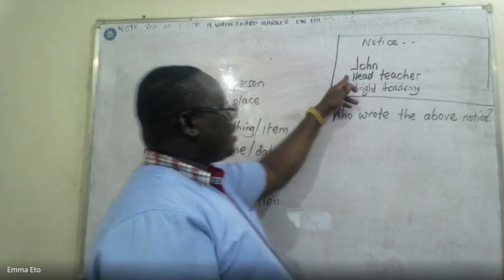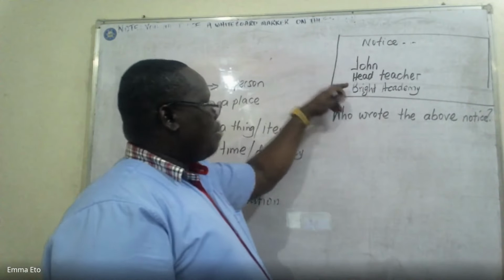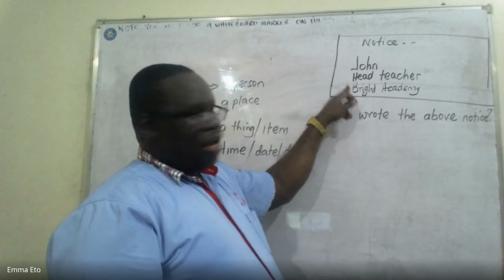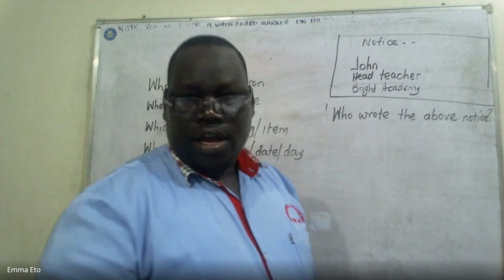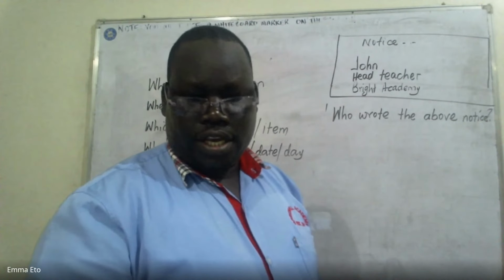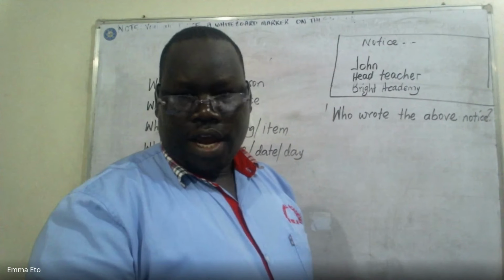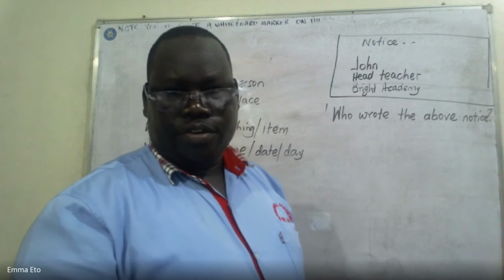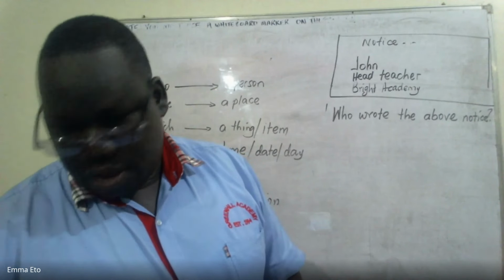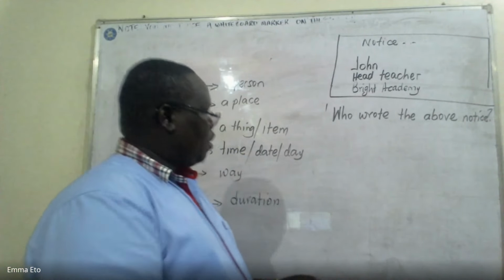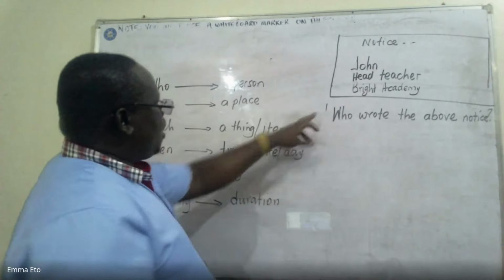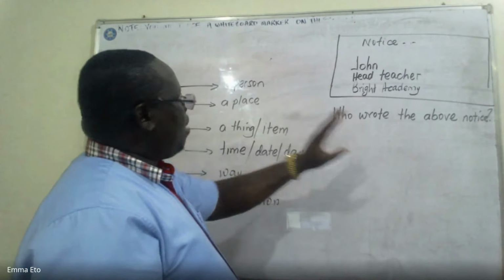Don't look for the title and the place. Who question is of the person. Somebody's mic is on. Ogwang Andrew, please mute your mic. Okay, thank you. Who wrote the above notice?